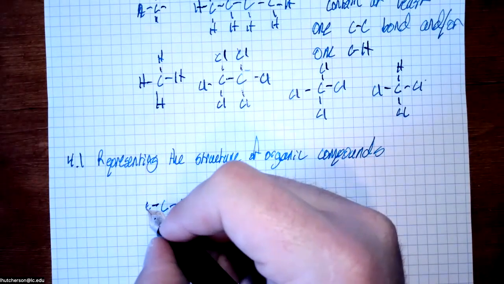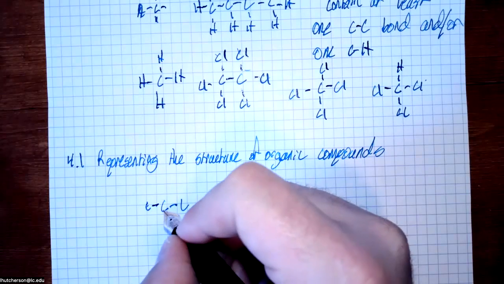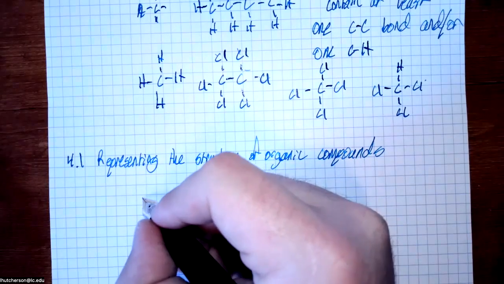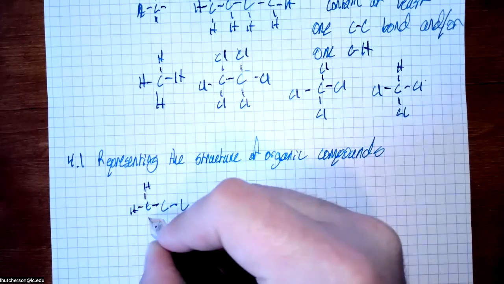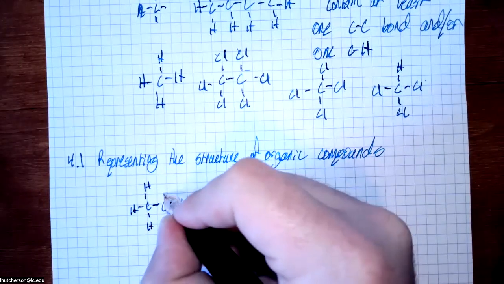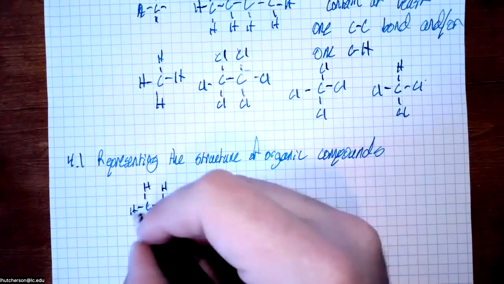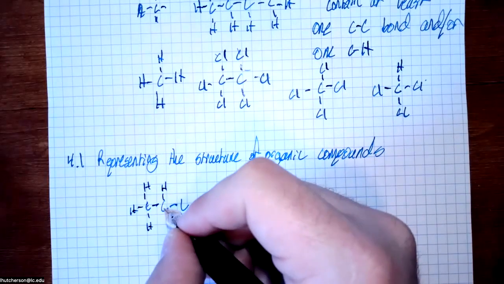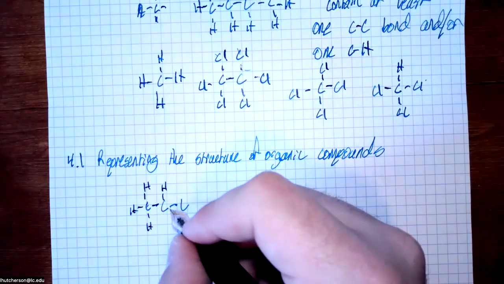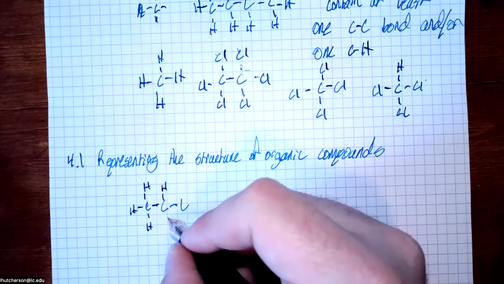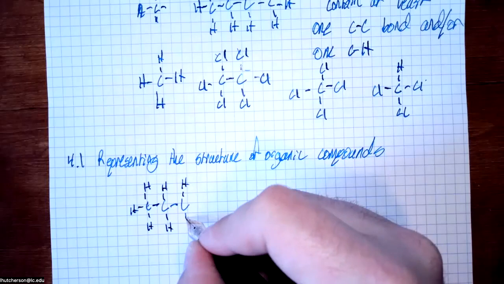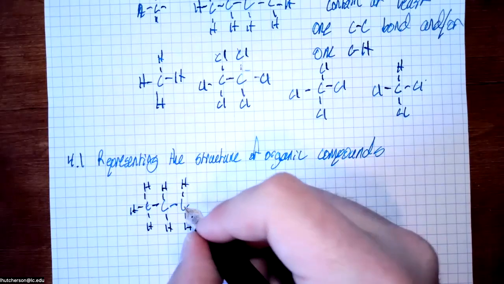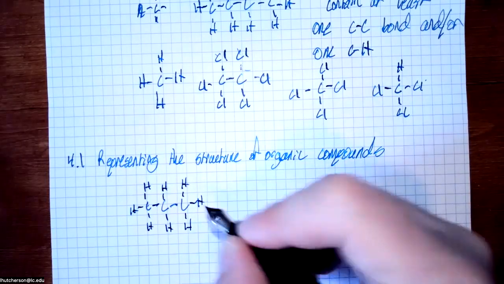So this carbon here, we only show it having 1 bond. So we can understand that this carbon is going to have 3 hydrogens on it. This carbon, we show 2 bonds on it. That leaves 2 bonds that we're going to have hydrogens on. This carbon, we only show it with 1 bond, so that's going to be 3.